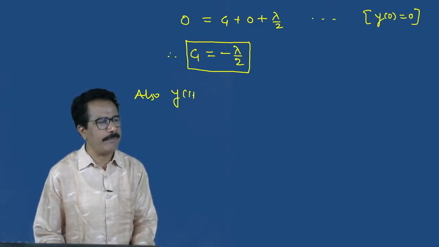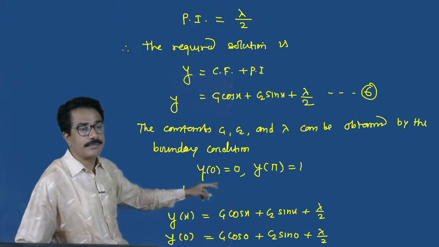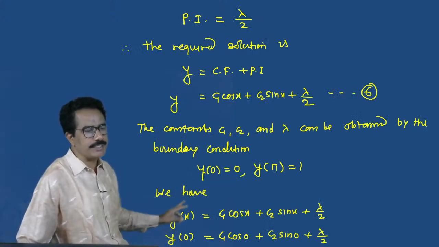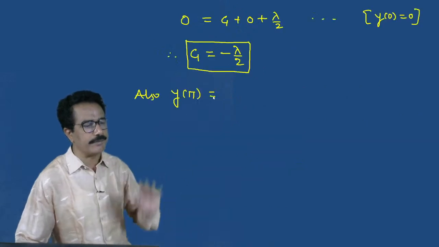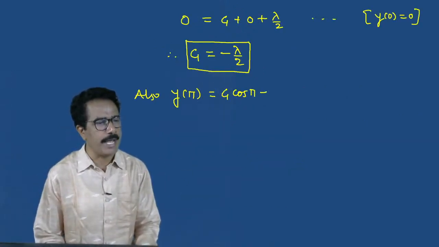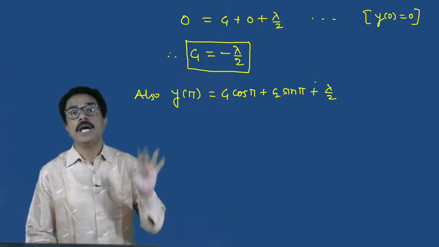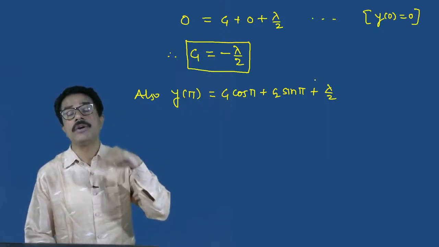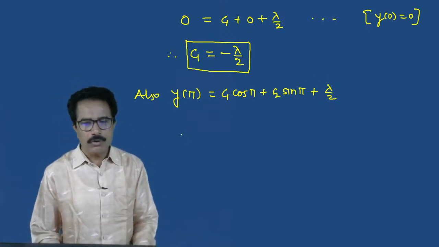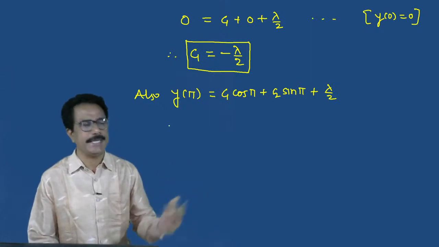Also y of pi. We have given the second boundary condition, that is y of pi is equals to 1. That means replace x is equals to pi in this equation. Then y of pi is equals to c1 cos pi plus c2 sin pi plus lambda by 2. Now you tell me student, what is the value of cos pi? Also you have to write the value of sin pi. The value of cos pi means cos 180.